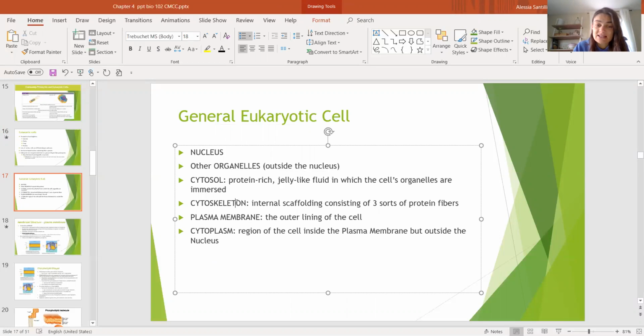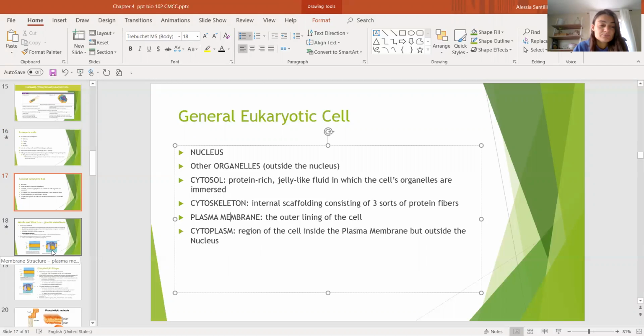We have a cytoskeleton, which we'll get into a little bit later on, but basically it provides scaffolding and structure to the cell so that it's not just a melted cell sprawled all over the environment. The plasma membrane, and then of course the cytoplasm, which is the region of the cell inside the plasma membrane but outside of the nucleus, the region that has the cytosol.